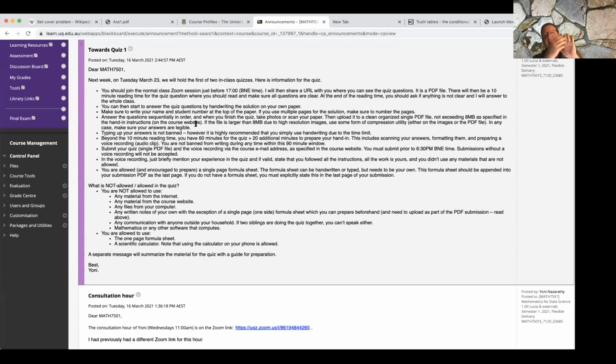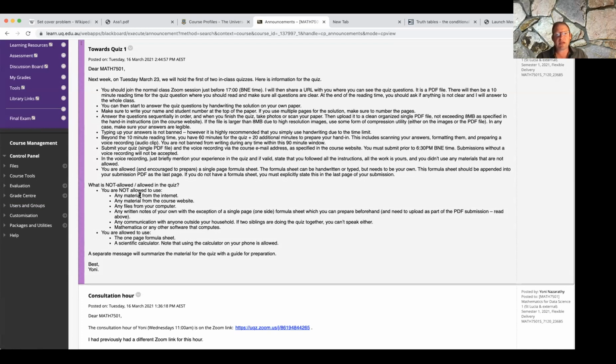This formula sheet will have a summary of the key results, definitions, whatever you want. You can write quite small if you want. You can type it, and you prepare it. Can you use Apple Pencil? Yes, you can. When you do the quiz, you'll have the formula sheets, but you will not use any material from the internet.